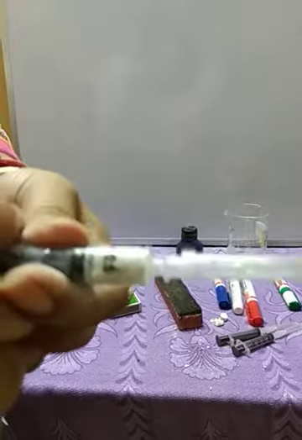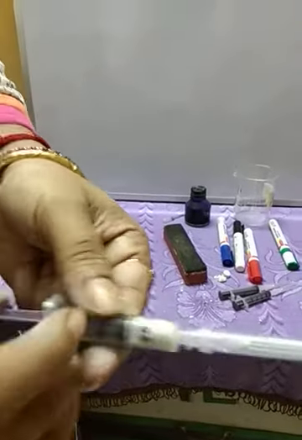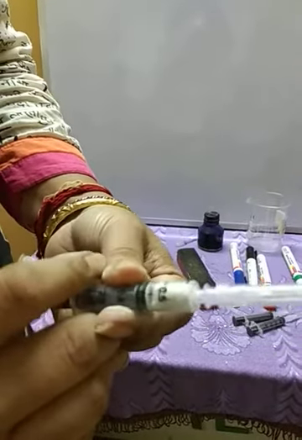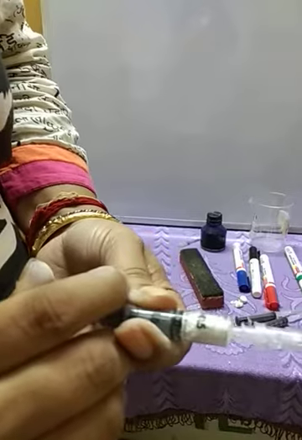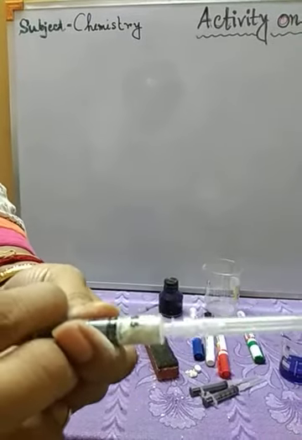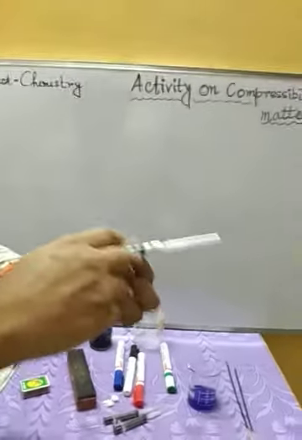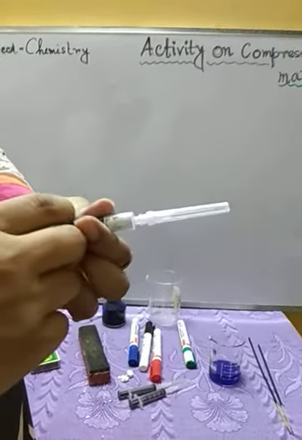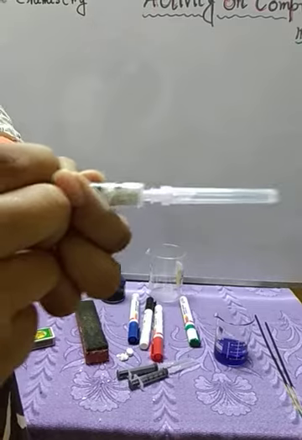The piston is fixed here only, you can see the marks. Up to 1 I have pressed it, but after that it cannot be pressed more. That means from this we can say that the compressibility of solid is almost negligible.